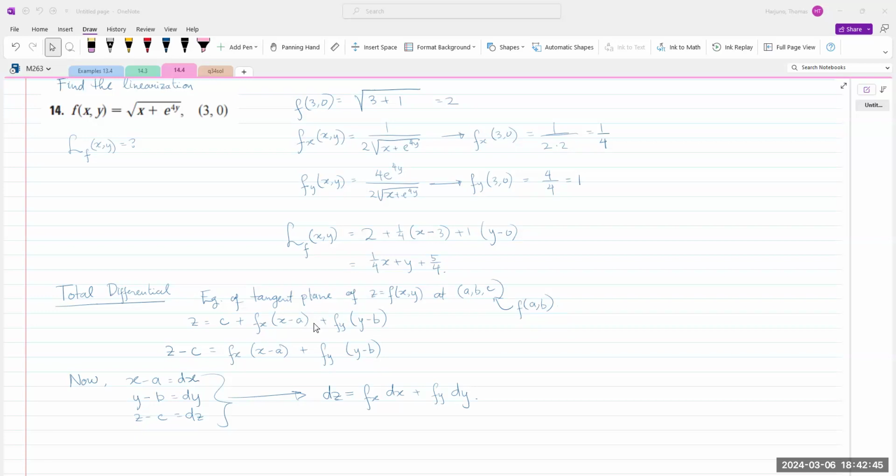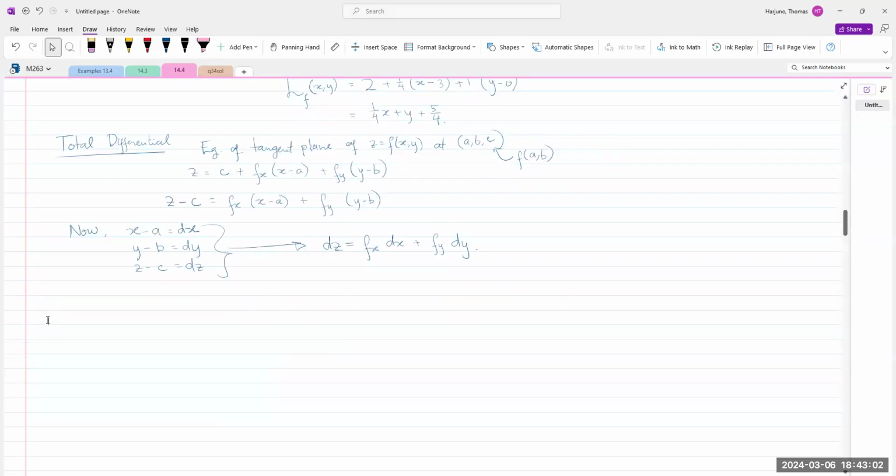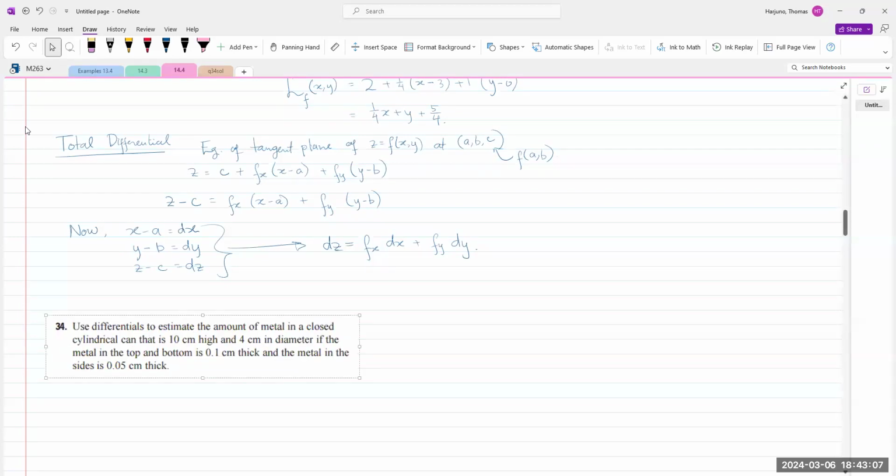I will not go on with the functions anymore, but let's take a look at question number 34. Use the differential to estimate the amount of metal in a closed cylindrical can that is 10 centimeter high and 4 centimeter in diameter.